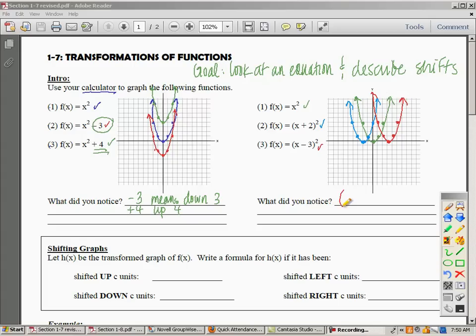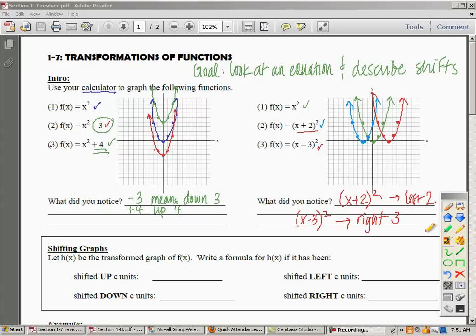If you see inside the parentheses the plus 2, which is the second graph, our blue graph, what ended up happening is we moved left 2. Then if you notice the x minus 3 squared graph, we moved right 3.